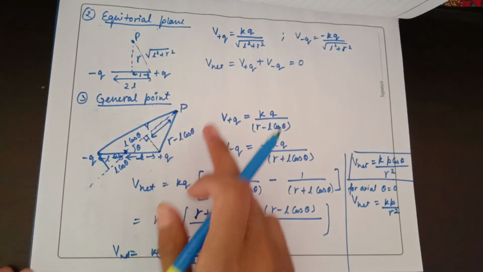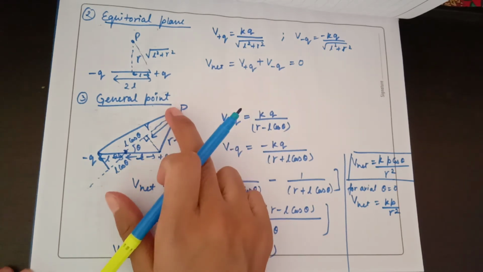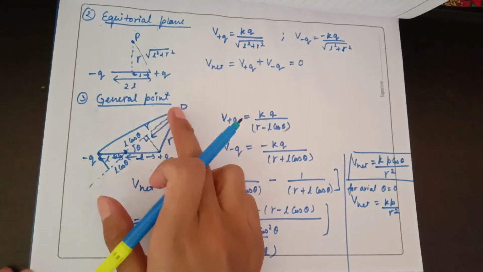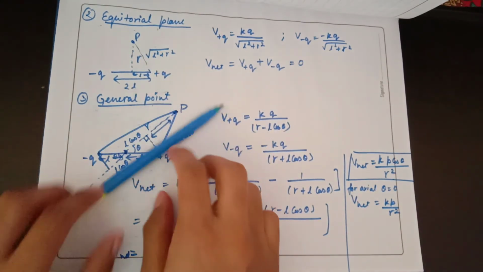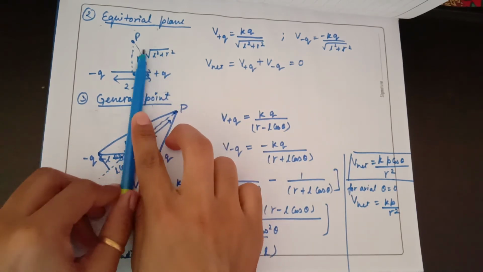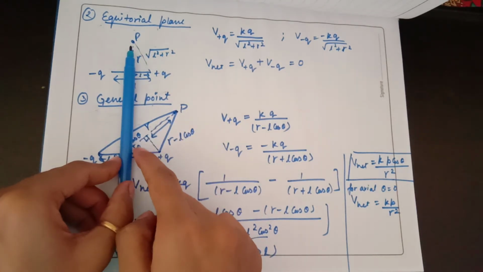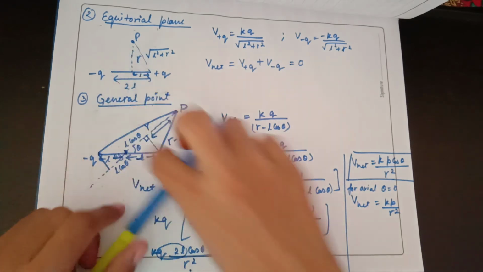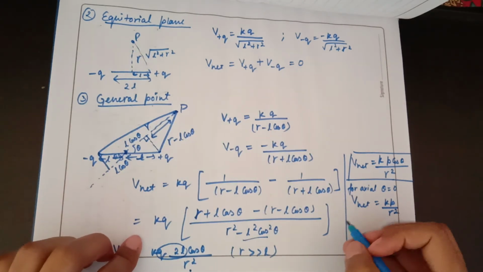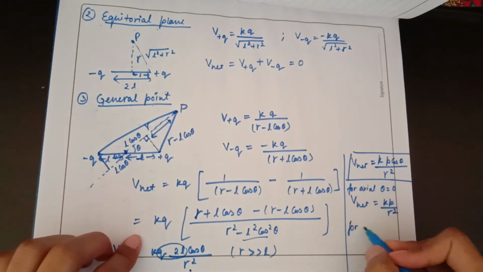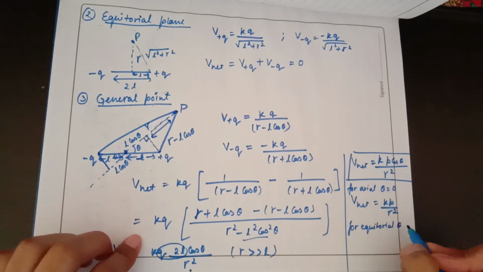And if you take this point in the equatorial plane, if this point lies here in this way in the equatorial plane, then theta is equal to 90 degrees. So for equatorial, theta will be equal to 90 degrees.